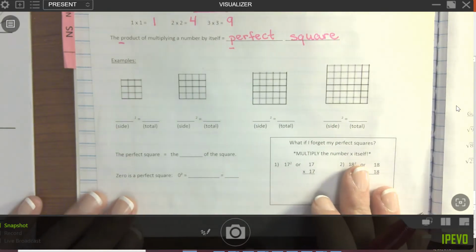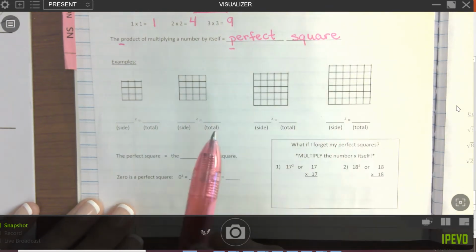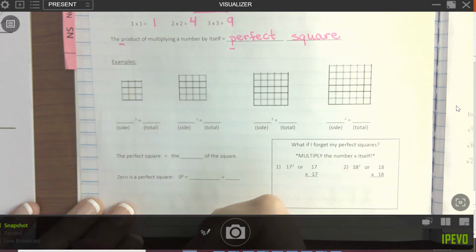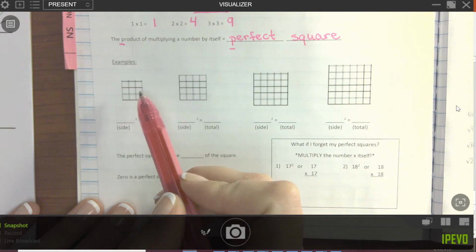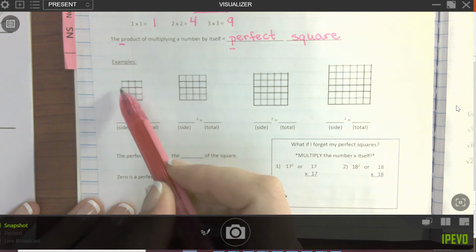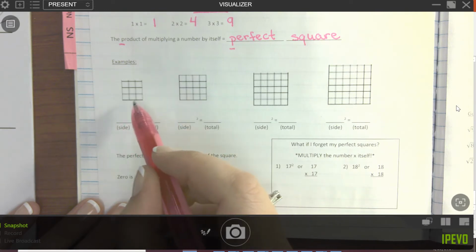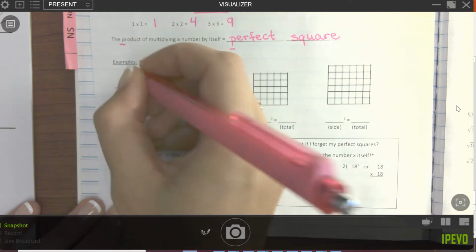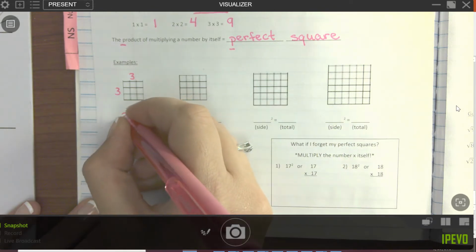All right, now looking at some of the examples with the models that are portrayed here. So these again would look very similar to what we did on our graph paper last week. So this first square right here, I'm going to look at the side length. So the side length, both on this side going up and down, and this side going left to right, this side would be 3, and this side going across would be 3. So we would say that our side length is 3.